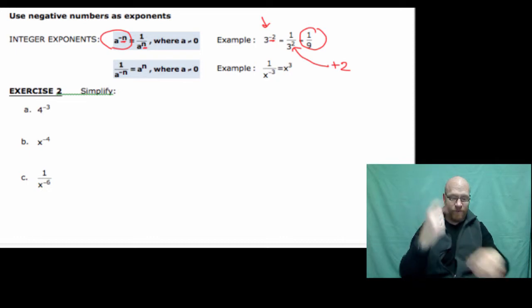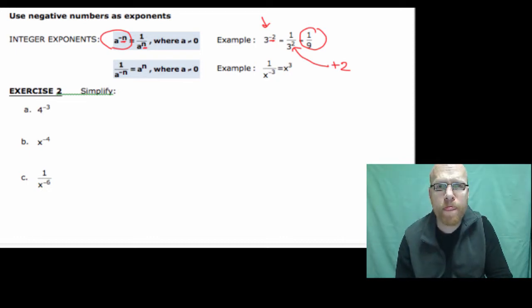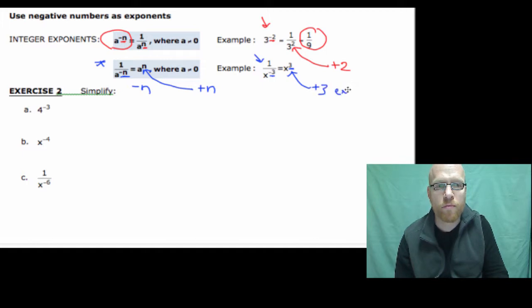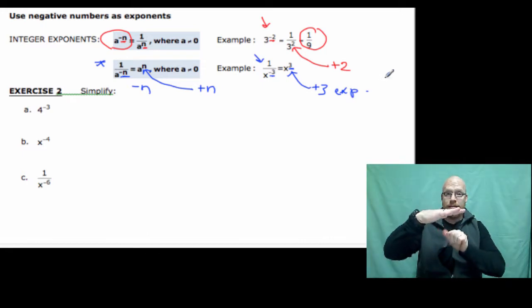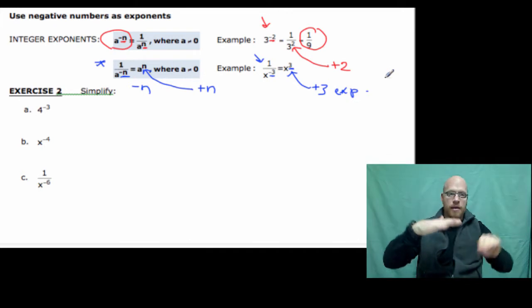Now, the opposite situation, if we have a negative exponent in the denominator, see, we have the denominator 1 over a to the negative n.